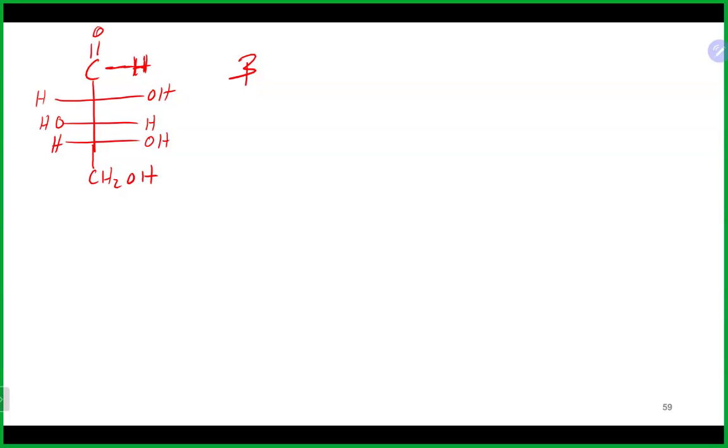Okay, so again, in this particular case, we got carbon 1, carbon 2, carbon 3, carbon 4, and carbon 5 only. And in this case, what will happen is if we drop it on its side, we'll end up with maybe something like this. 2, 3, 4.